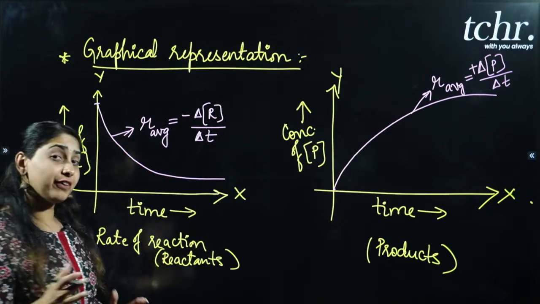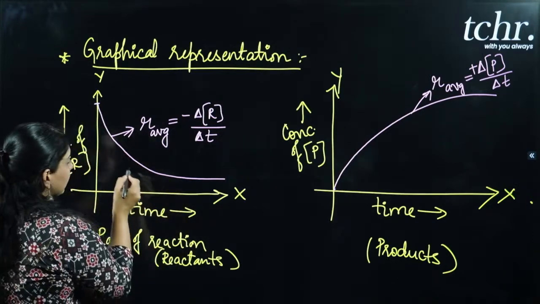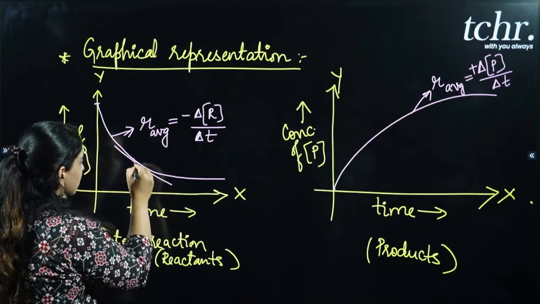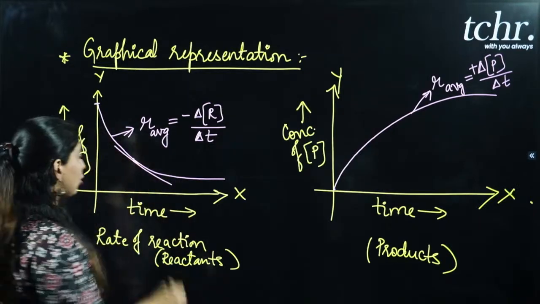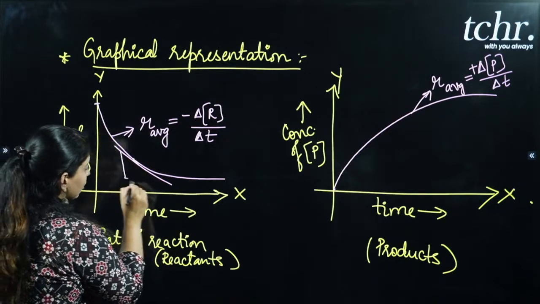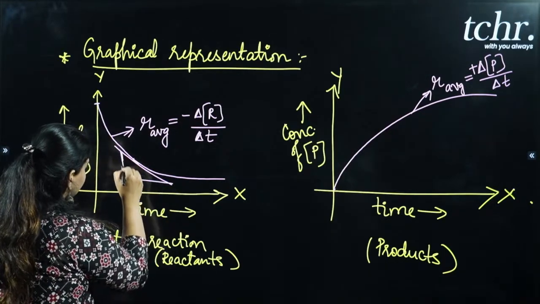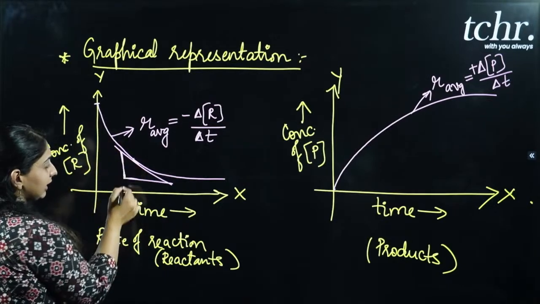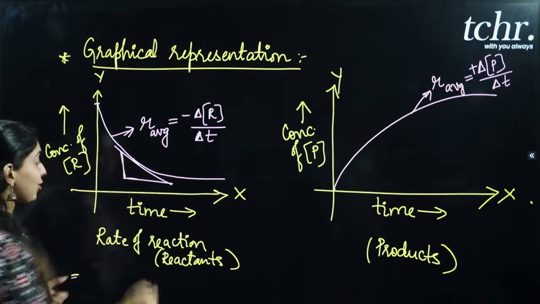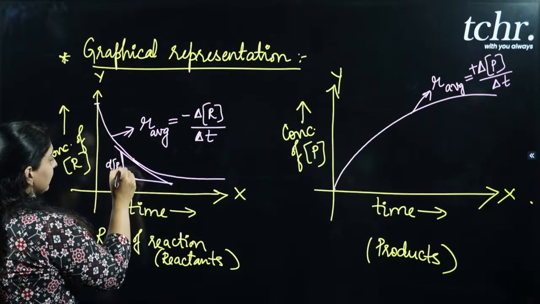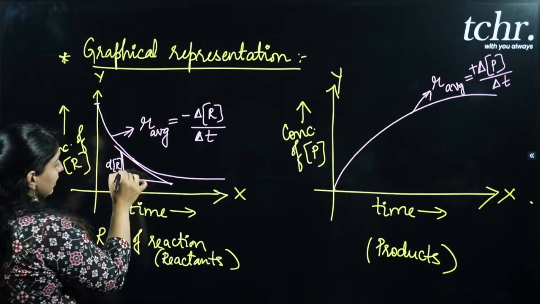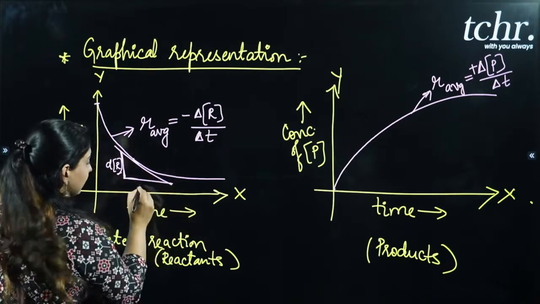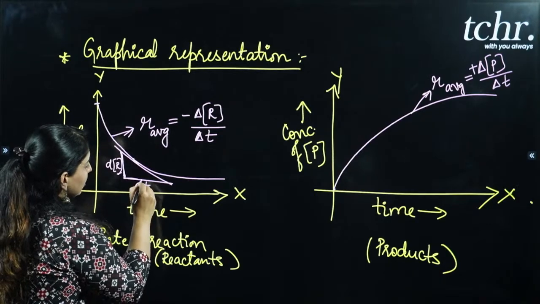So how do I find the instantaneous rate of the reaction? For that, there is this slope: draw a tangent to that particular point on the curve. If you take the slope of it, this would become the change in the concentration of reactants on the y axis, differentiating the concentration of the reactants by dt, a small change in the time.